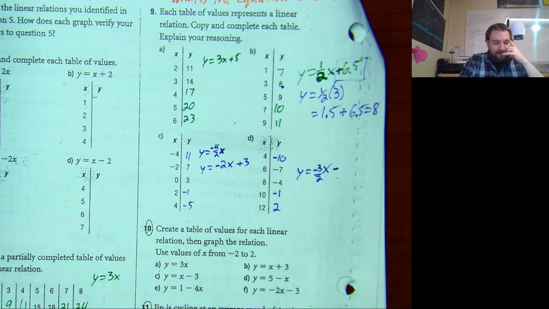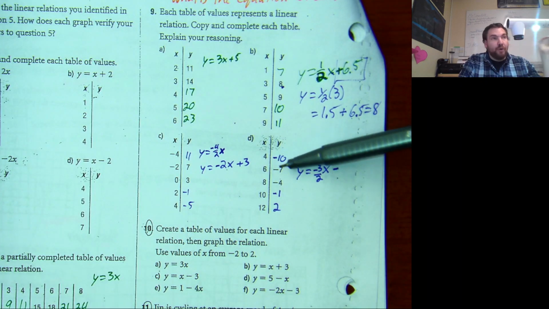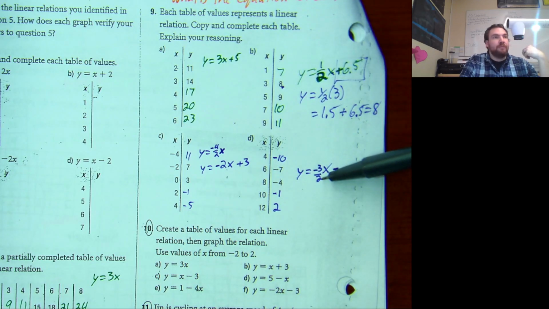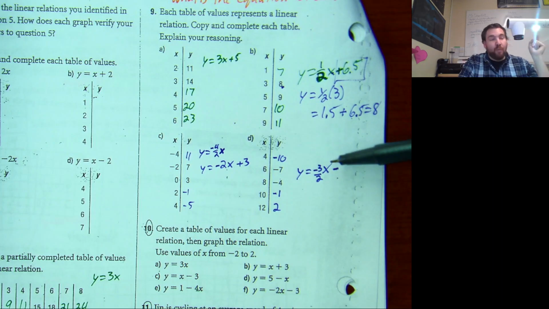What value did you plug in for x? 4. We know it should be -10. What is 4 times -3 over 2? It's not 6. It's negative 6. What do I want it to be?